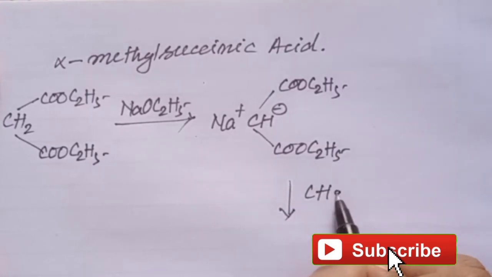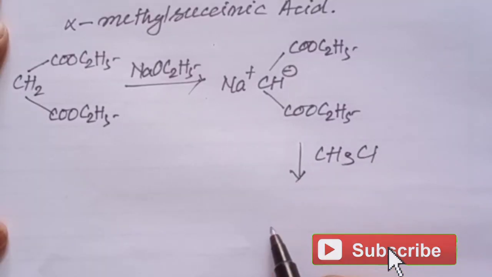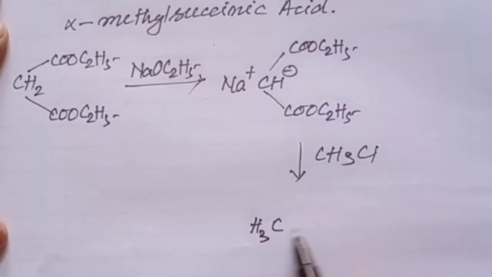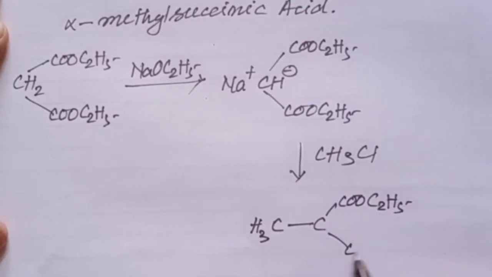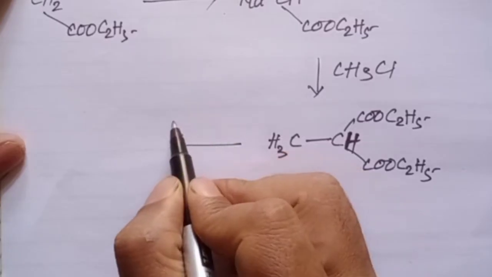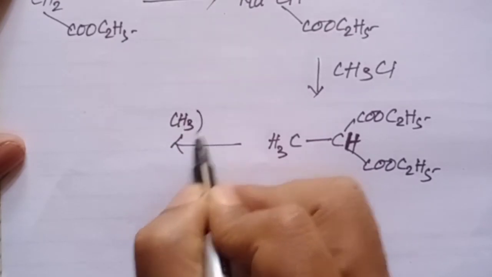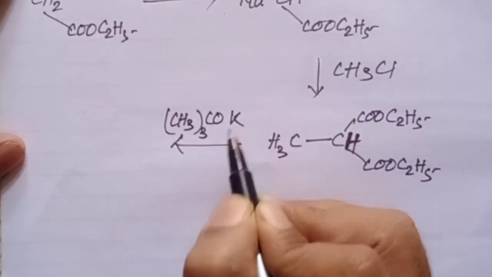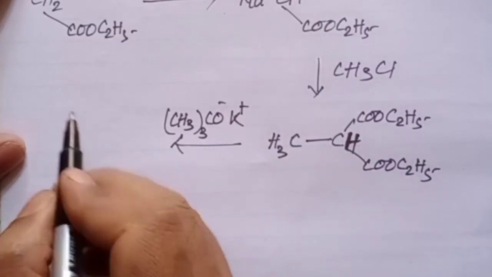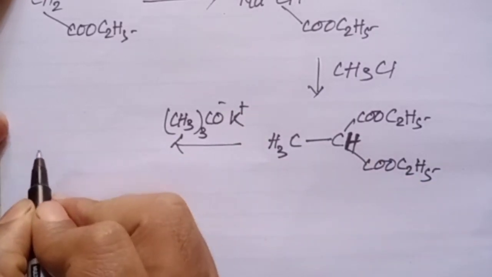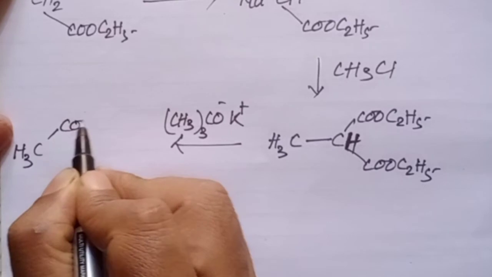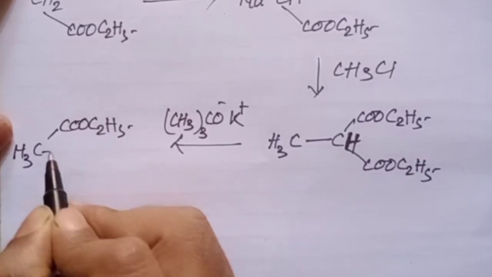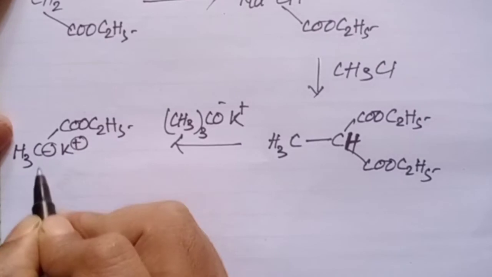And then for methyl, as I said, CH3Cl, so that here it will be CH3 in place of sodium, and COOC2H5 COOC2H5. Hydrogen will be removed by, for example, potassium tertiary butoxide, (CH3)3COK, plus minus. So hence that hydrogen will be removed. Here it is minus, and K plus will be here.